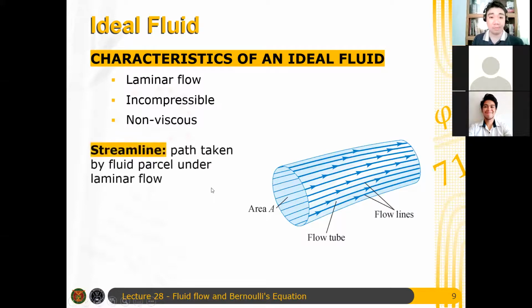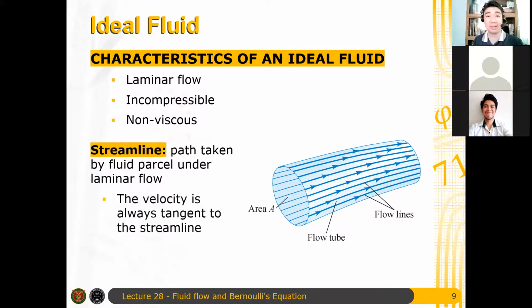So the streamline is the path taken by a fluid parcel under laminar flow. If you have a fluid parcel that's moving, then that particle will take a path, and that path is called the streamline of that particle.